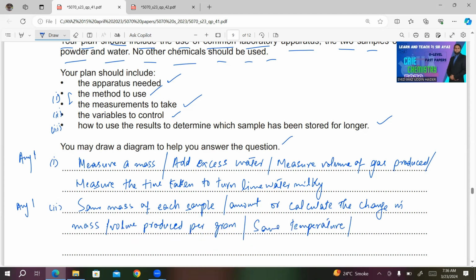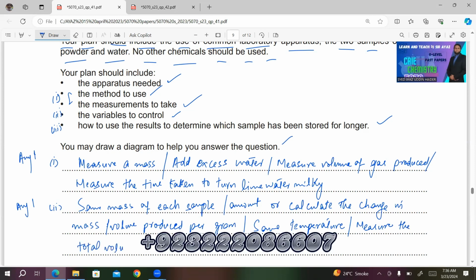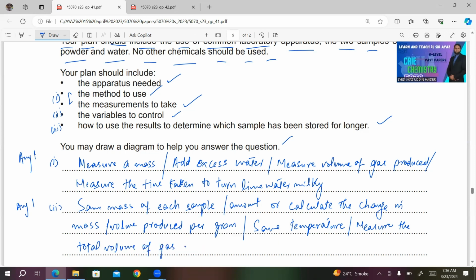Then you can even measure the total volume of gas produced.